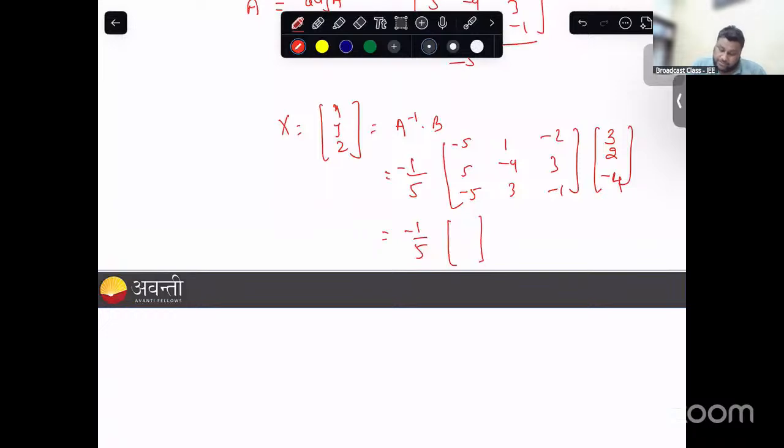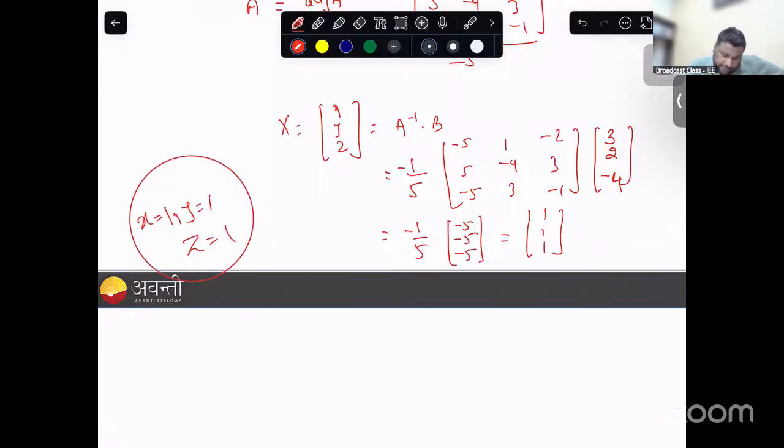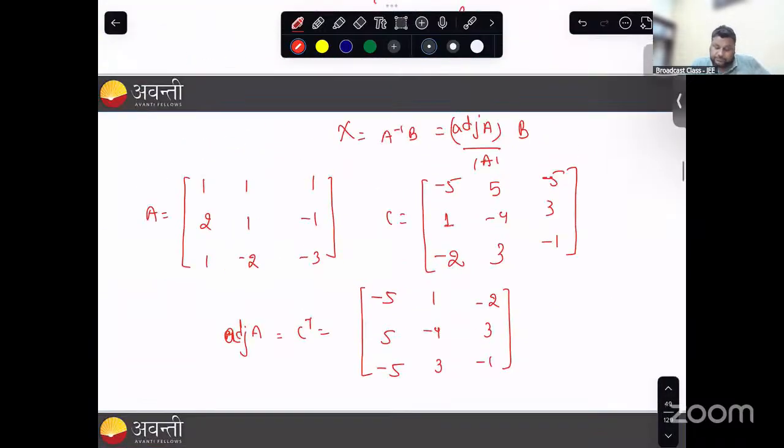First row, first column: -15 plus 2 plus 8, -5. Second row, first column: 15 -8 -12, -5. -15 plus 6 plus 4, -5. So this is basically 1 1 1. So if you compare, x is 1, y is 1, z is also 1. Have a look.